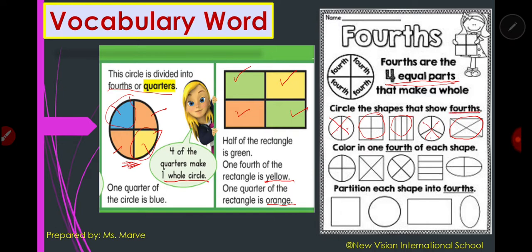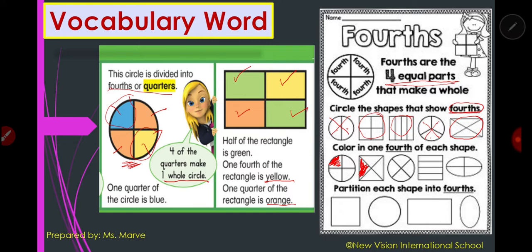We are going to find the quarters or the fourths. Below, you are going to color or shade 1/4 of each shape. I will color the 2 shapes and you are going to answer the 3rd, 4th, and 5th shapes. Understand? Okay, the first one, I will color only this one part.